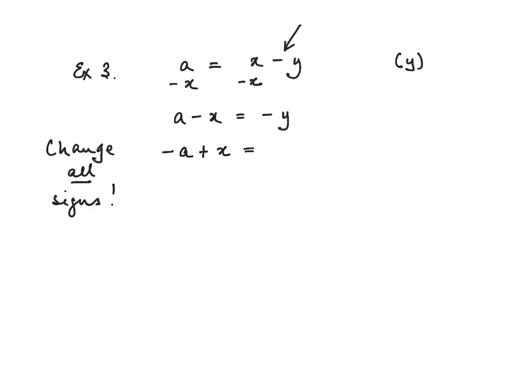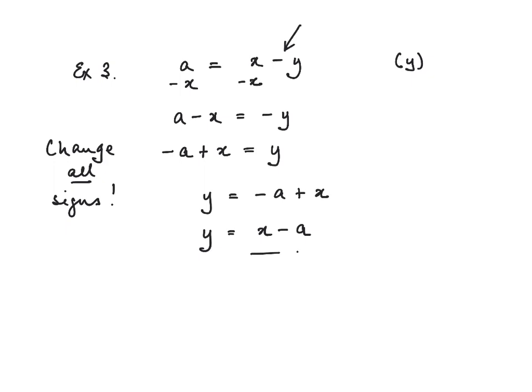And the minus y becomes a plus y, which we'll just write as y. I'm going to put y at the front. Now I could write it as minus a plus x, but quite often if we have one positive term and one negative term, the positive term comes at the front.